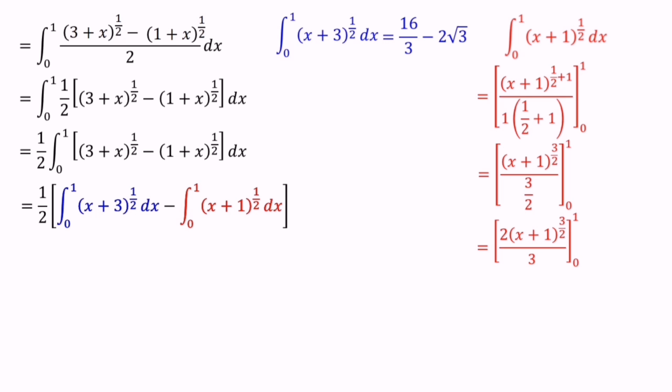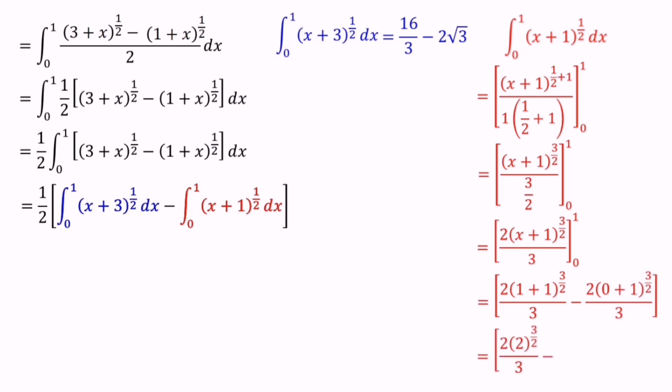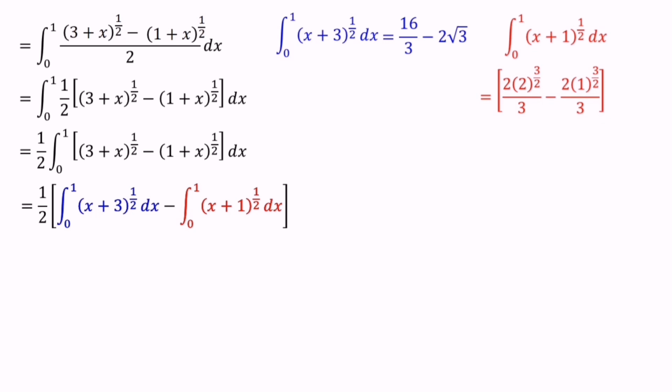Finally, we need to substitute the upper limit and lower limit for this result. First, upper limit 1 minus lower limit 0. Then we get 2 into 2 to the power of 3 over 2 over 3 minus 2 into 1 to the power of 3 over 2 over 3. 2 to the power of 3 over 2 we can write as 2 to the power of 1 times 2 to the power of half. 2 to the power of half equals root 2.